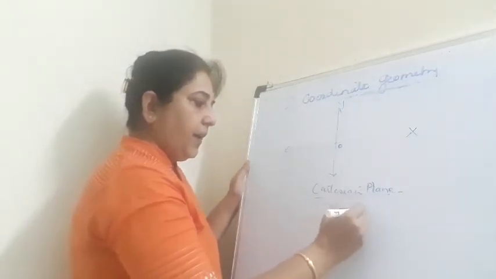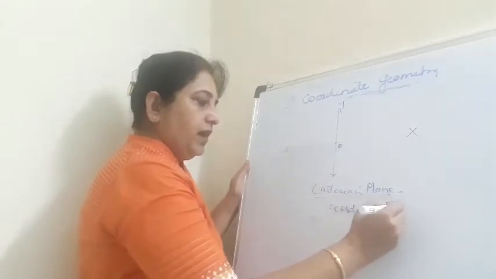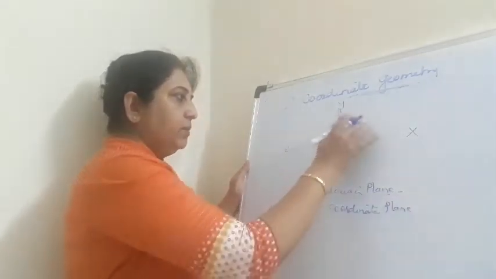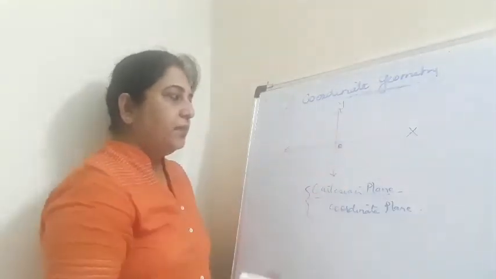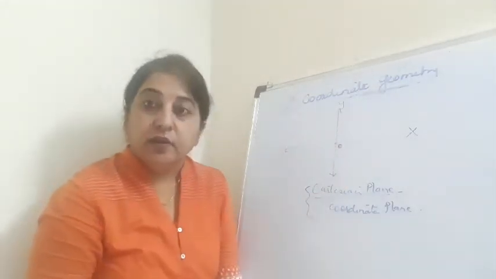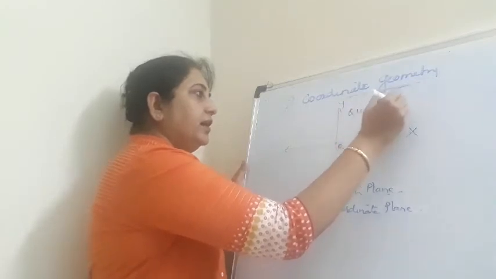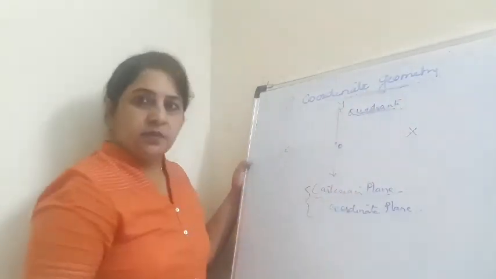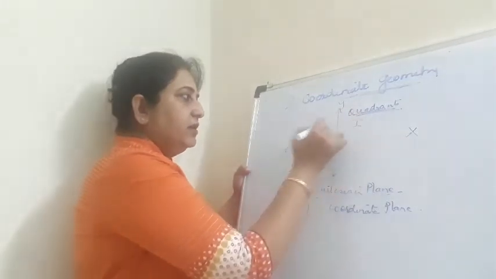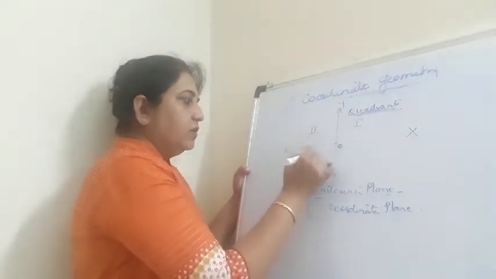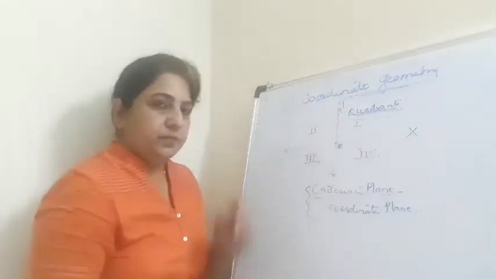Coordinate plane. And the four parts of this coordinate plane are called quadrants, right? They are called quadrants: first quadrant, second quadrant, third quadrant and fourth quadrant.